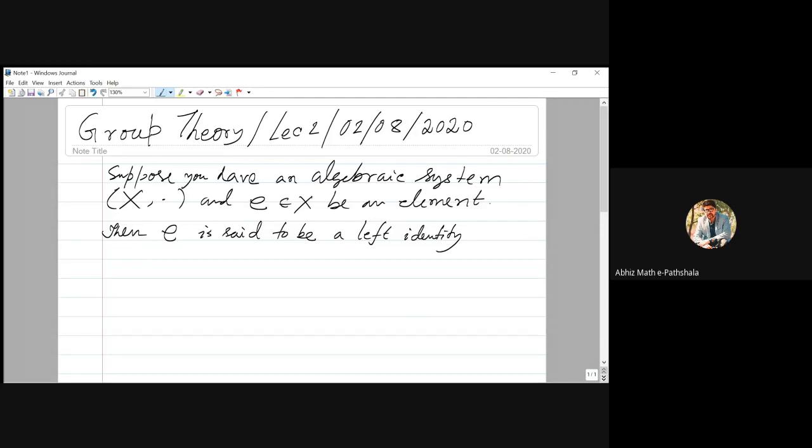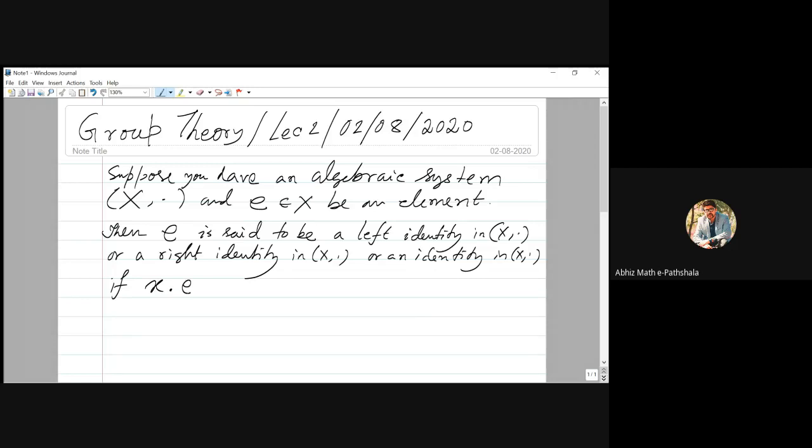So e is said to be a left identity in (X, dot), or a right identity in (X, dot), or an identity in (X, dot) if, for the left identity case it will satisfy e dot x equals x for all x belongs to X, or for the right identity case it will satisfy x dot e equals x for all x belongs to X.